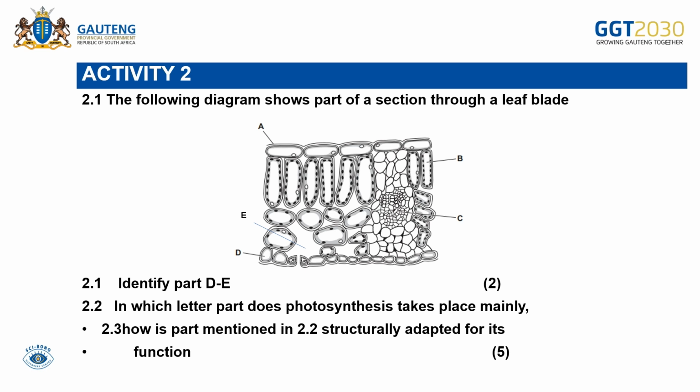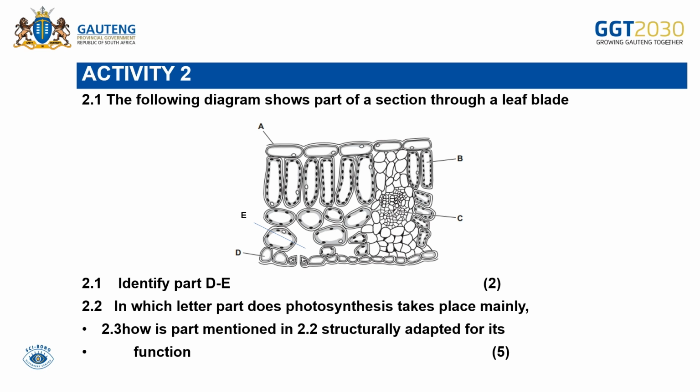So it is very, very important, grade 11 learners, that when you study the diagram, you know the parts that are found within the diagram. You must label the parts first, and you must also know the functions of those parts, because these are the questions that you will come across in the examination.